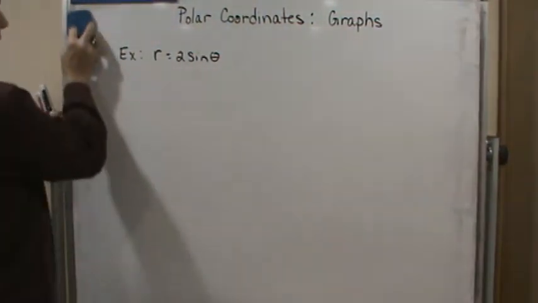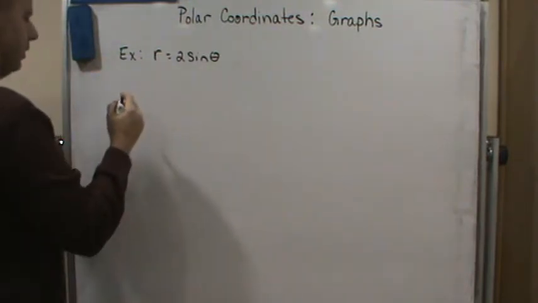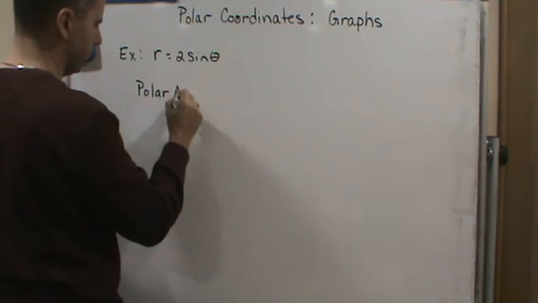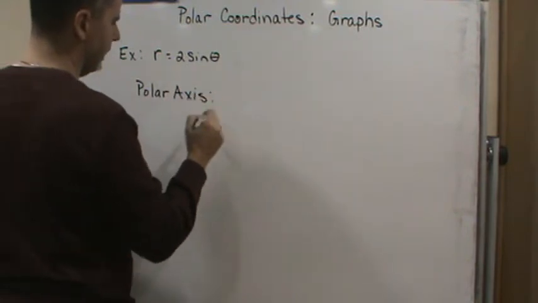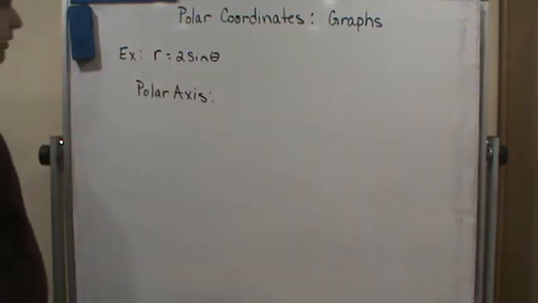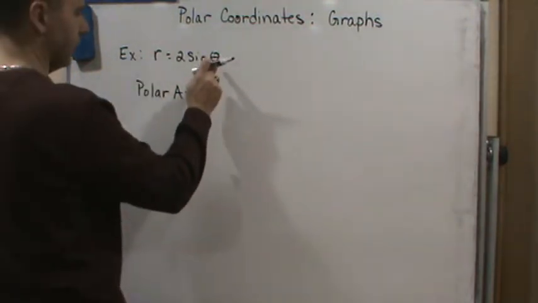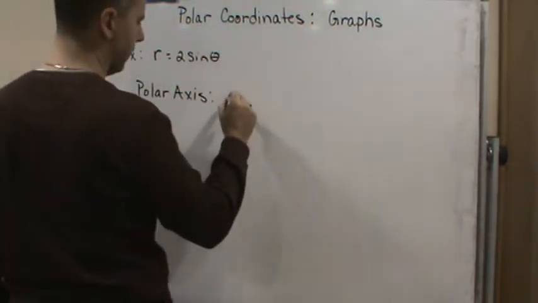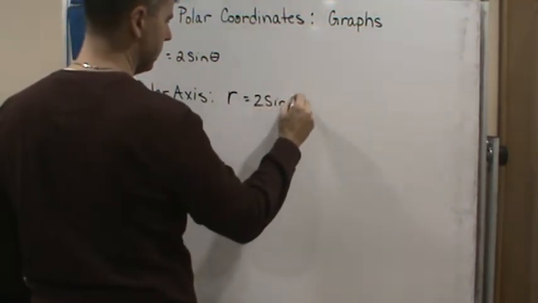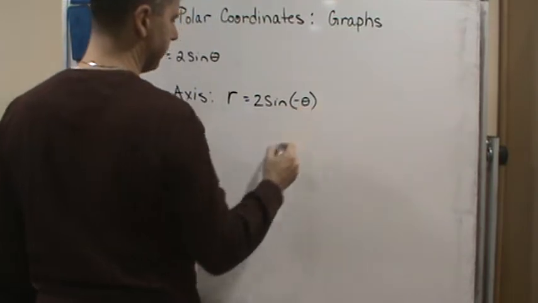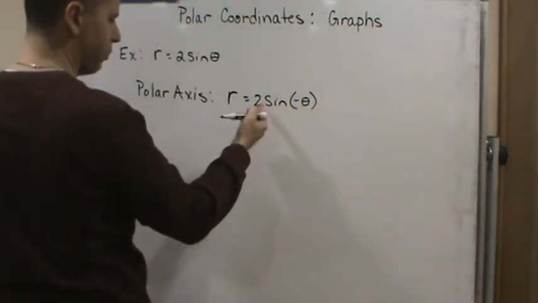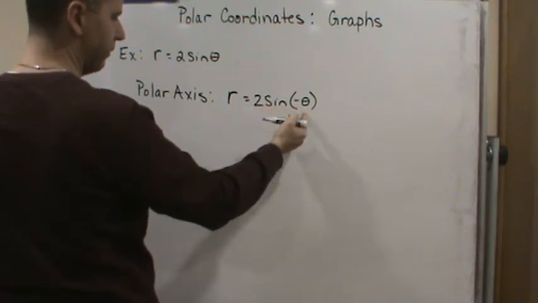Now, what about the other ones? Well, let's do the polar axis. With the polar axis, one of the things we could do is replace theta with the opposite of theta. So that means we'll get r equals 2 sine of the opposite of theta. And again, because sine is an odd function, we can write it as negative sine theta.